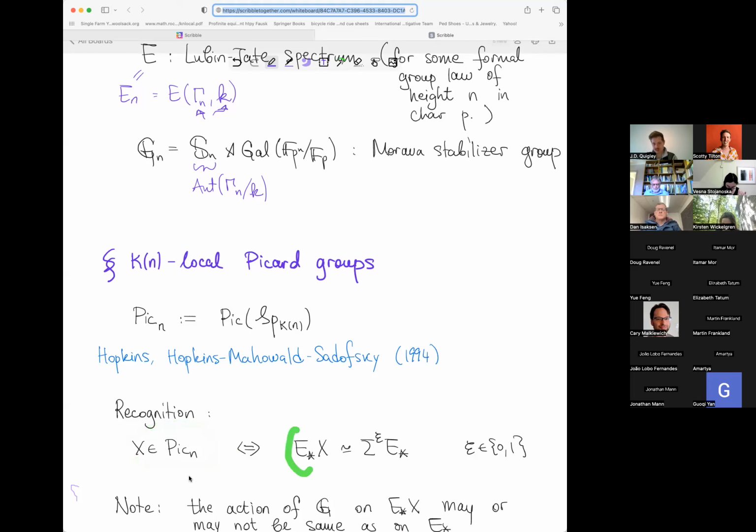This is Lubin-Tate or Morava E-theory. So if we have a Kn-local spectrum, to know that it is invertible, we just need to check that the E-homology of X is equivalent to either the E-homology of the sphere or a shift of it.